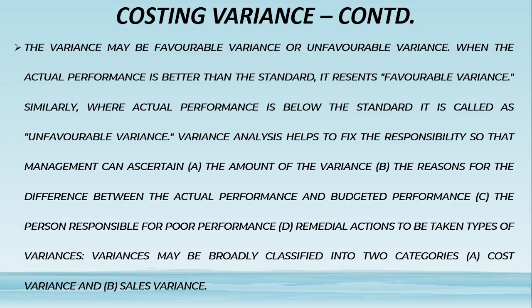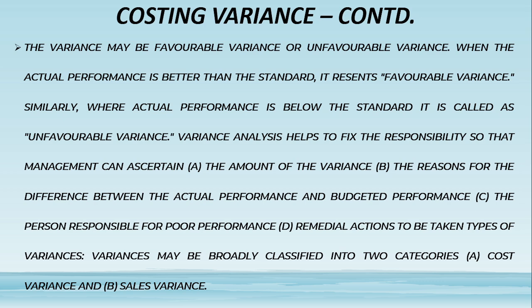The variance may be favorable variance or unfavorable variance. When the actual performance is better than the standard, it represents favorable variance. Similarly, when actual performance is below the standard, it is called unfavorable variance.